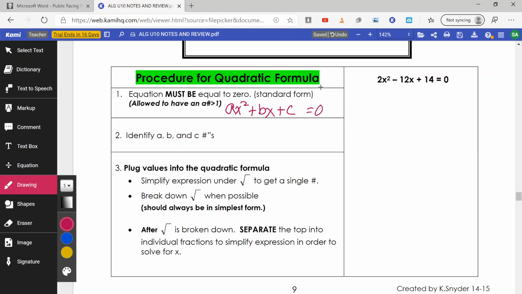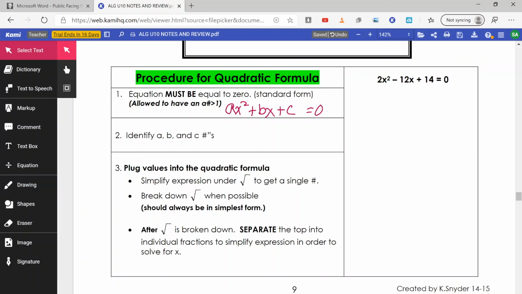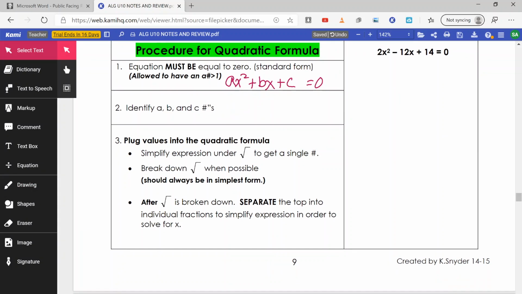A is always with x squared, b is always on x, and c is always whatever the standalone number is. So the first thing we do is identify the values of a, b, and c. Once we know them, we just plug them into the formula to get our answer. So if I have this problem right here, 2x squared minus 12x plus 14, notice I'm not changing it like I did in the previous ones where we went to x squared.